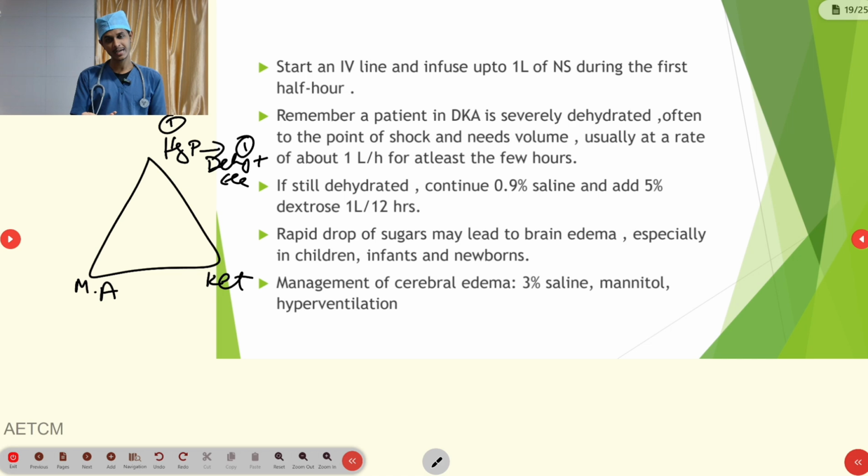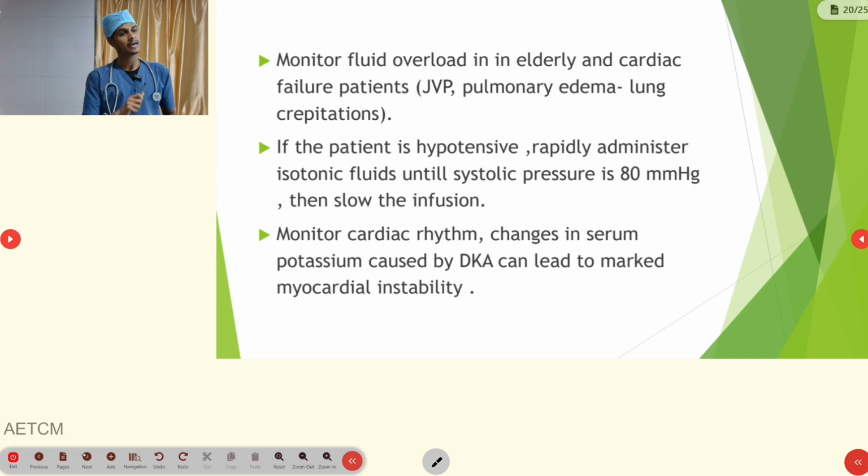In hospital we have many modalities, like USG, or you can check the jugular venous pressure and inferior vena cava. Those are the modalities we have in definitive in-hospital care. But pre-hospital, you have to frequently auscultate the lung region. If any crepitations are there, that ultimately indicates pulmonary edema because of the fluid overload. So this is regarding fluid resuscitation.